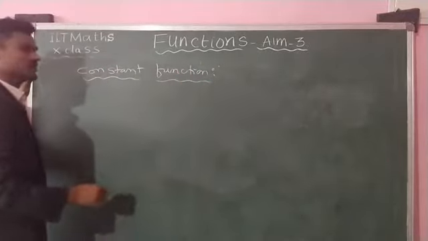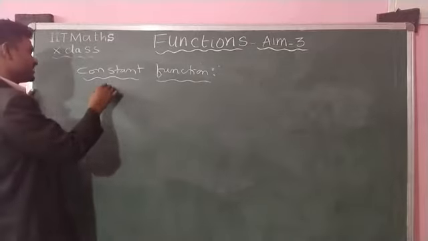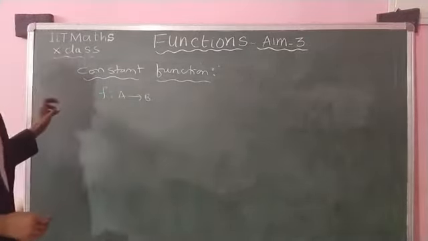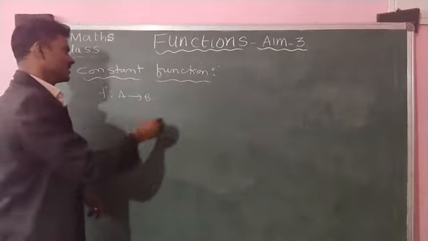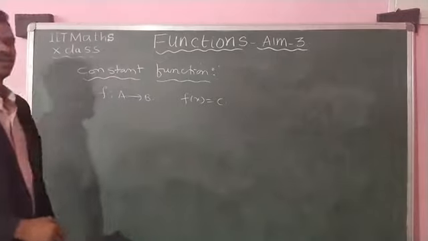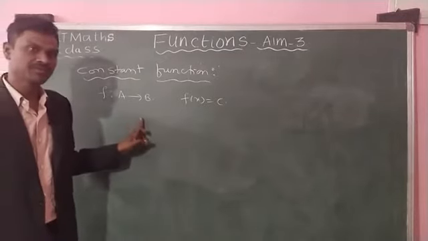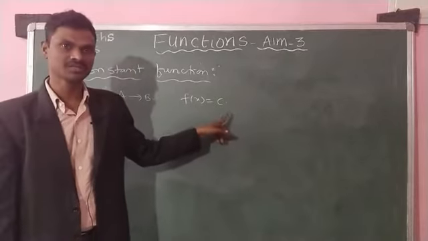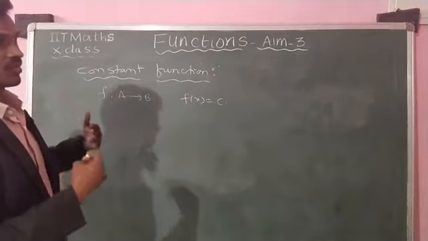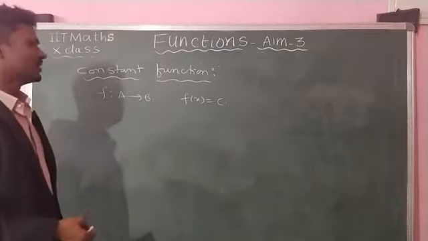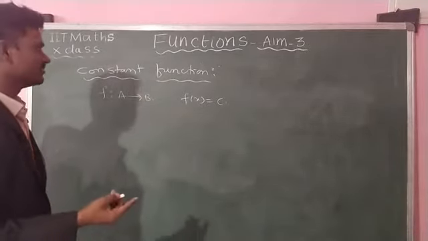See here, a constant function means f is a mapping from A to B, said to be a constant function, defined as f of x is equal to c. That means all the elements of the domain are assigned a single element in the codomain.